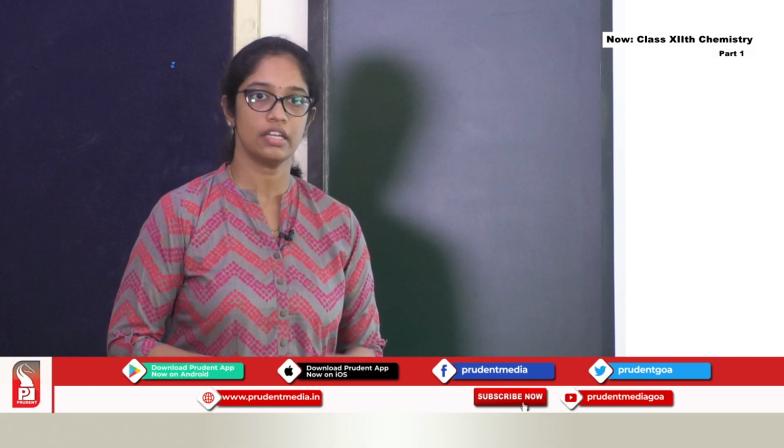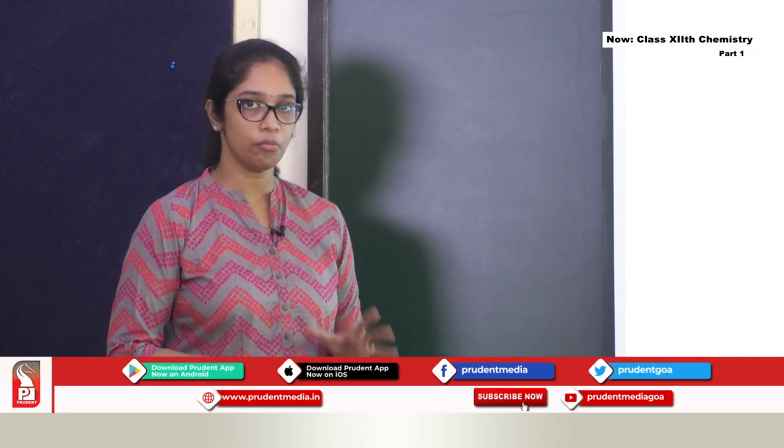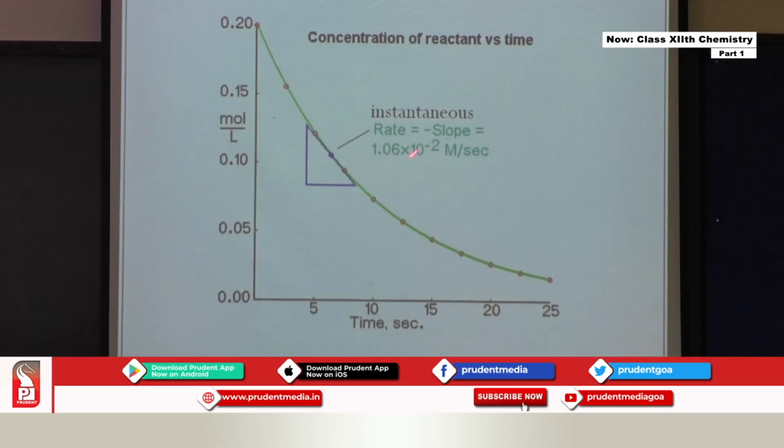Now for instantaneous rate, as I said, instantaneous rate is the rate of the reaction at a given time, a particular moment of time, not an interval but a particular moment of time. So suppose you want to find out what is the rate of the reaction at this point here on the graph. You're not looking at a time interval, you're just looking at a point. So at this point, if you want to calculate, then you just have to draw a tangent to the curve and then calculate the slope of that tangent.